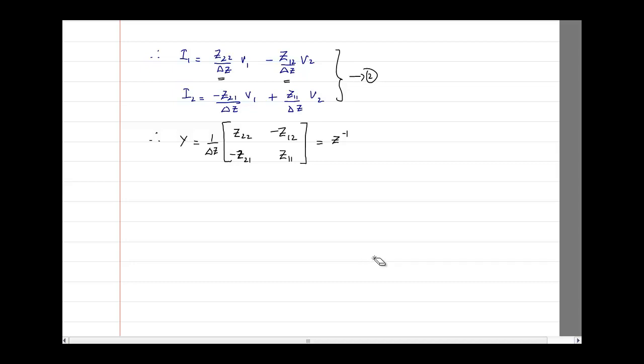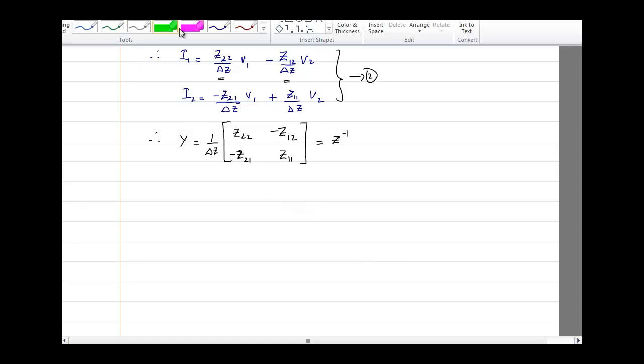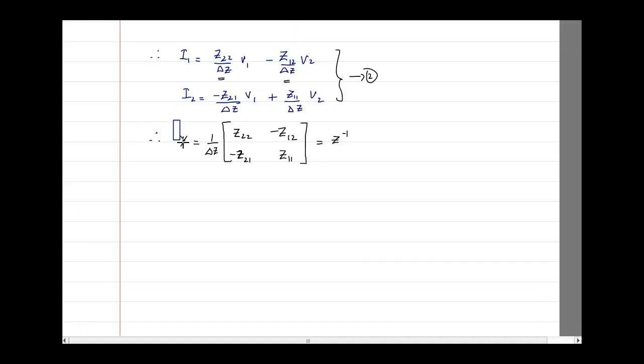Instead, what I am going to do is simply this conversion. Always solve the problem by first finding out the z parameter. Use the formula to find out any other parameter. So we have found out the y parameter in terms of z parameter.